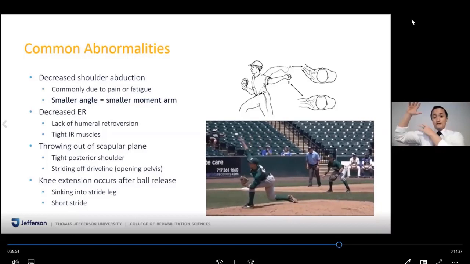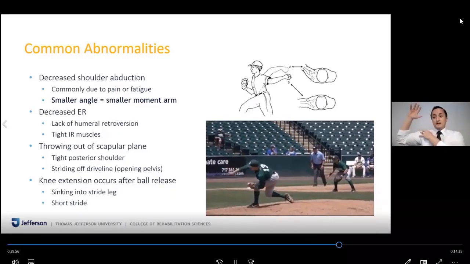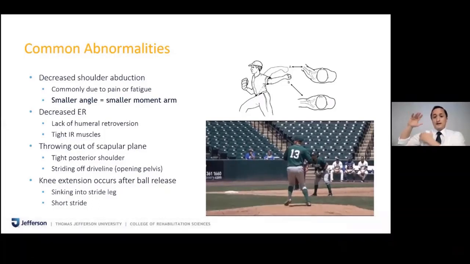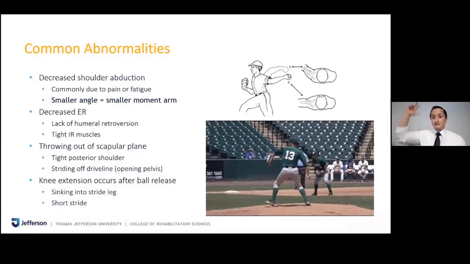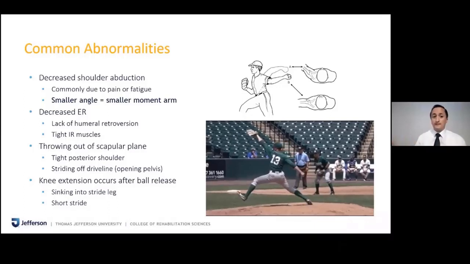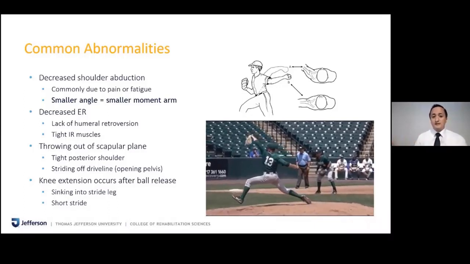So if it hurts or I'm fatigued, I'm going to lower, creating a smaller moment arm, right? And that's going to take away the tension within that muscle and maybe some of the pain. So that's why I think we see this decreased abduction is more of a compensation to get away from this very large moment arm.